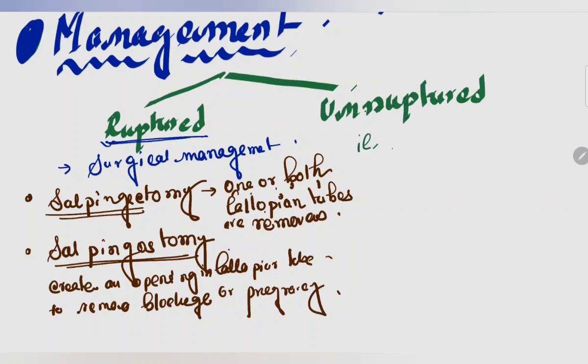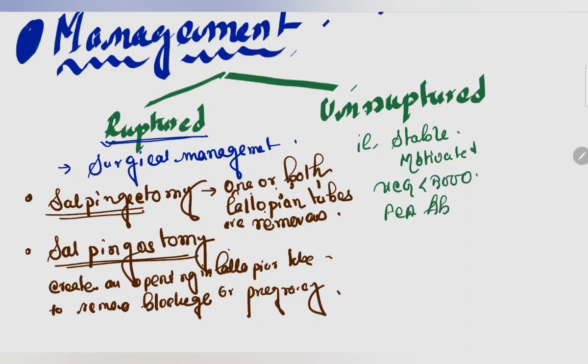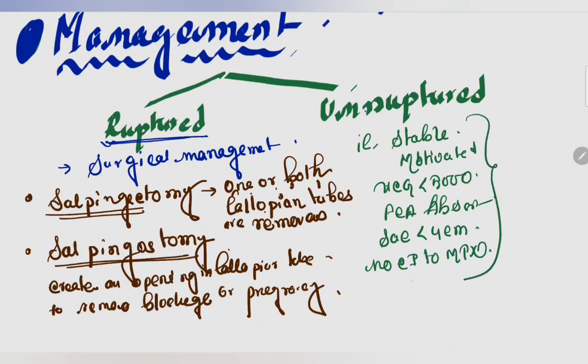In case of unruptured, if the patient condition is stable, motivated, beta HCG level less than 5000, fetal cardiac activity absent, sac less than 4 cm, and patient has no contraindication to methotrexate, in that condition, medical management can be performed.